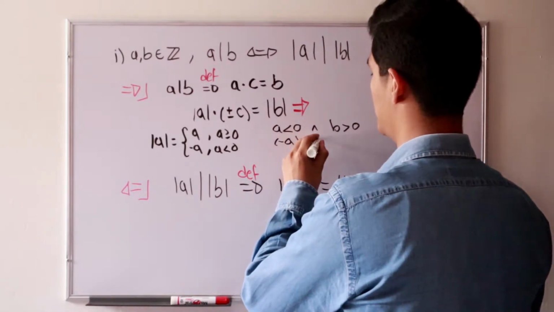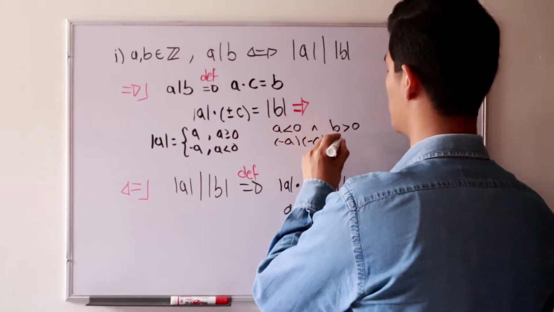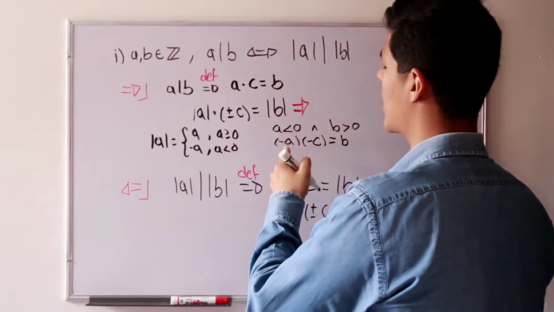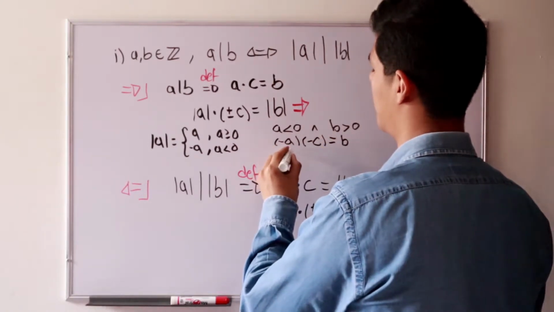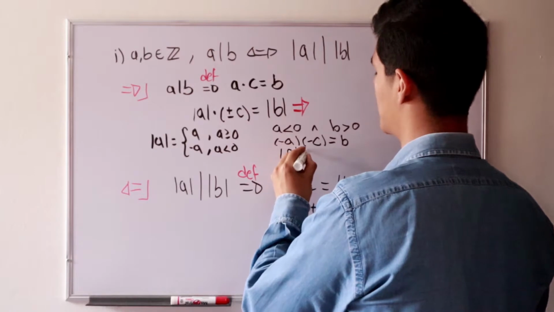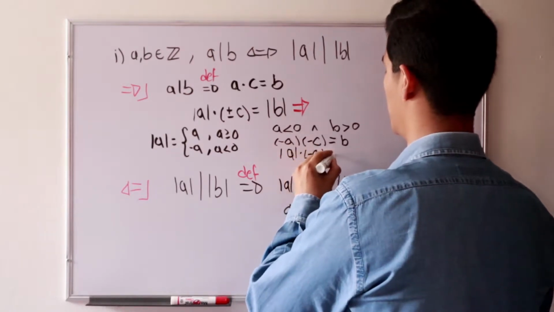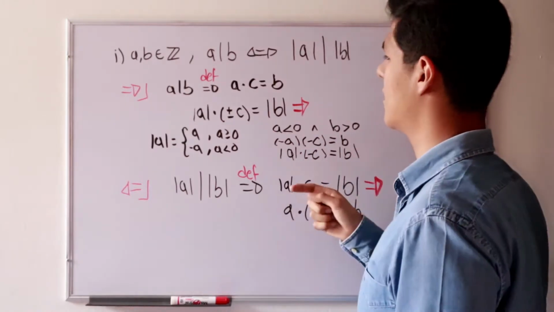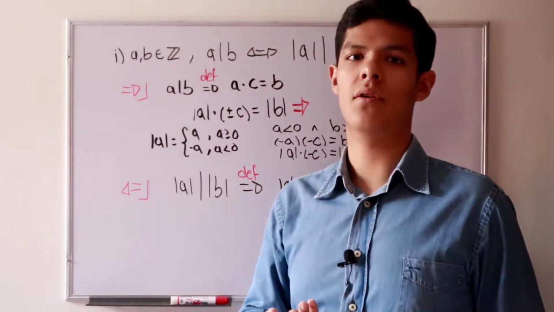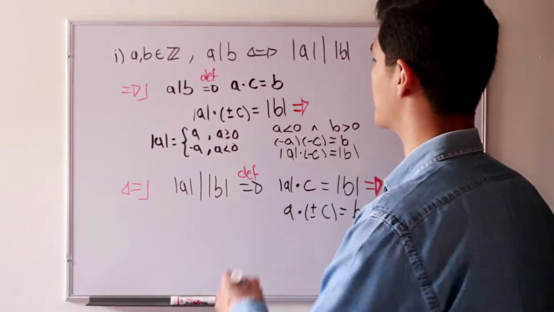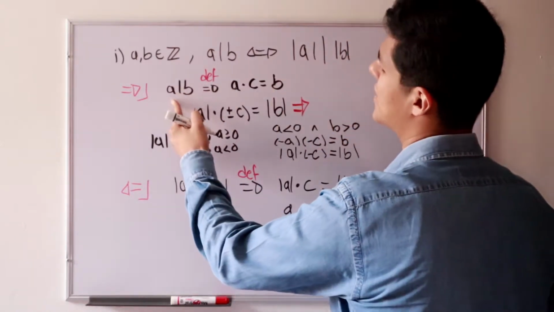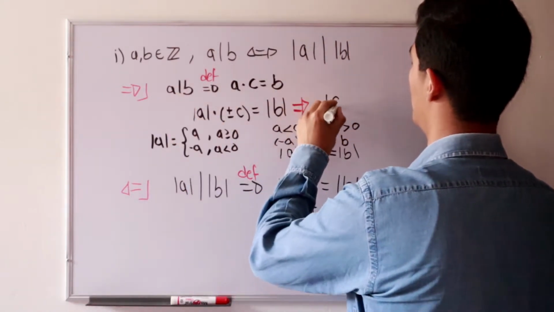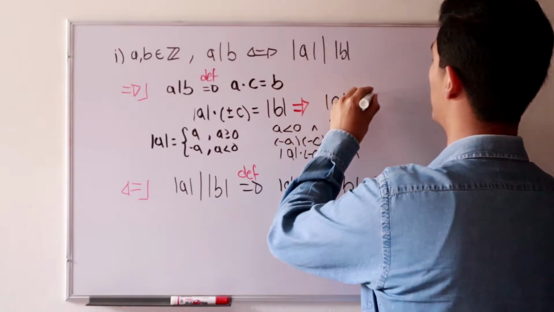So we have minus C equals B. So we can change those: the absolute value of A times minus C equals the absolute value of B. We have seen all the cases, so we can conclude that if A divides B, then the absolute value of A divides the absolute value of B.